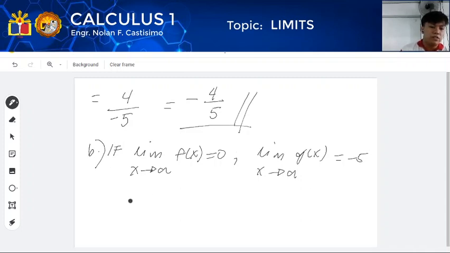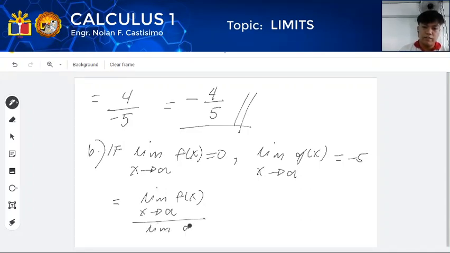Okay? So, using the formula ulit, equals limit of f of x as x approaches a divided by limit of g of x as x approaches a. Yan. So, ano magiging value natin? So, 0. F of x natin, 0. Divided by g of x, which is negative 5.